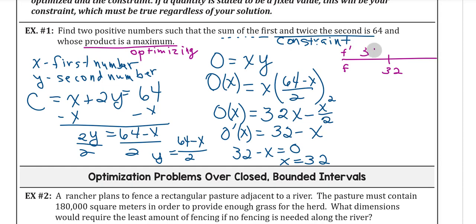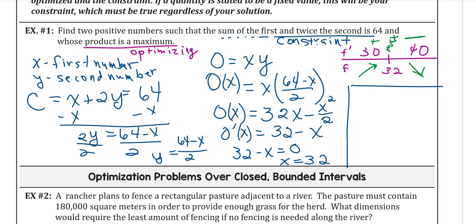So I'll try 30 and 40 to keep things simple. Before 32, if I substitute that in my derivative, I get a positive number. And if I substitute 40, I'm going to get a negative number. So what I can see here is that I indeed have a maximum. So I can clearly state my two numbers.